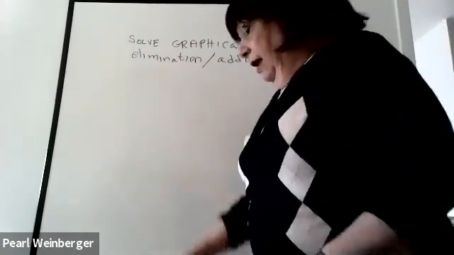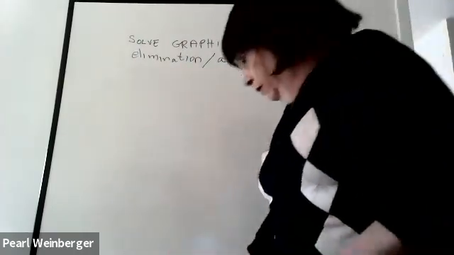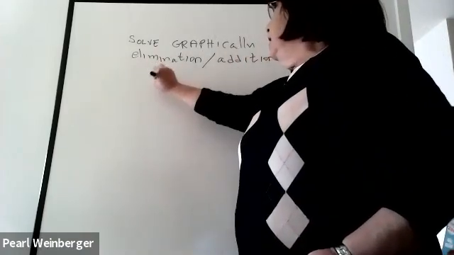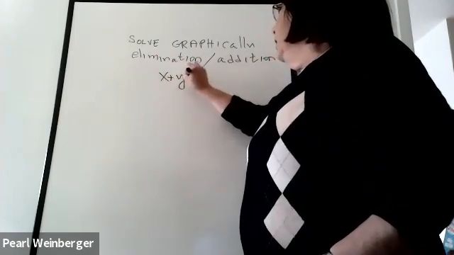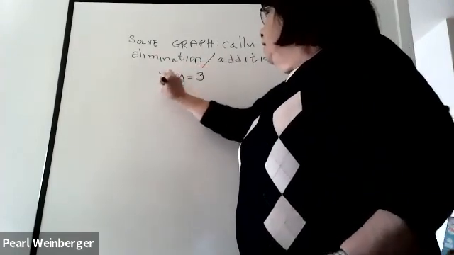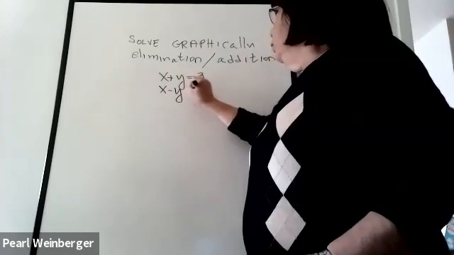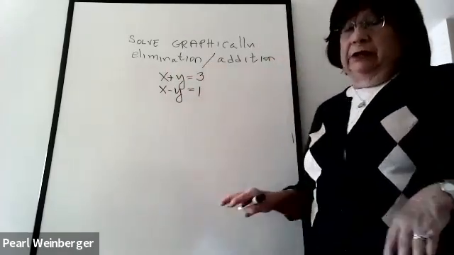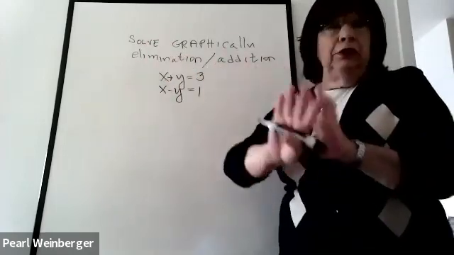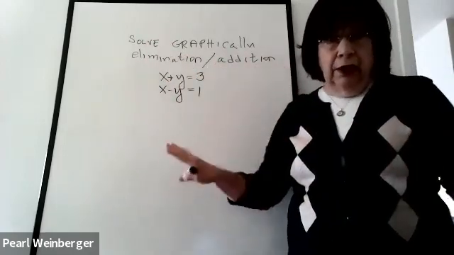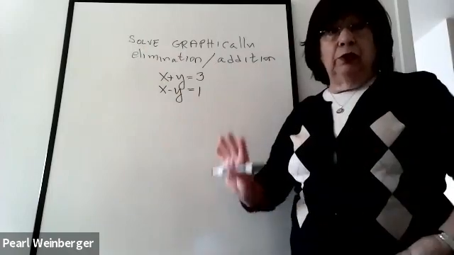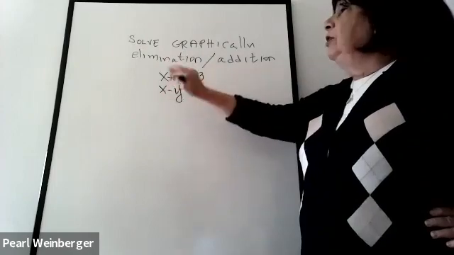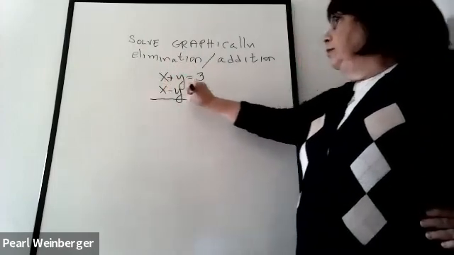How does this method work? Let's take the exact same system of equations: x plus y equals 3, and x minus y equals 1. And I'm going to show you how the elimination method works in this case. We're just going to do it without graphing it, without drawing any pictures. We're just going to do it algebraically. What I'm going to do is add the two equations down.